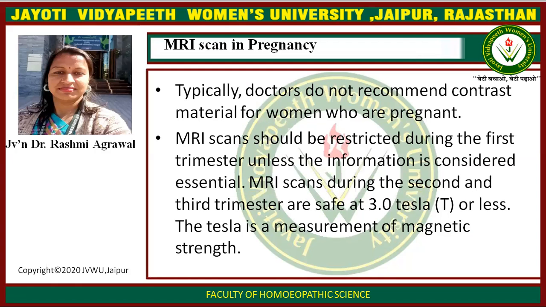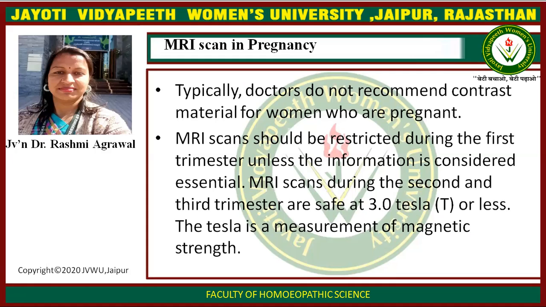MRI scan in pregnancy. Typically, doctors do not recommend contrast material for women who are pregnant, and it is not used in the first trimester. So it is restricted, but if it is very important for the baby and also for the mother, then it is used.